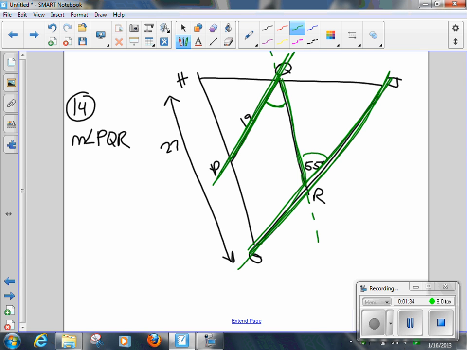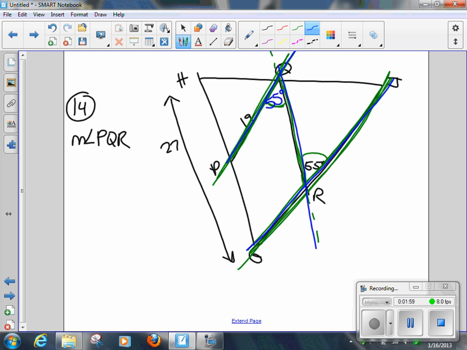I don't have any way to cover it up using the smartboard, but I know it's 55 degrees because they're alternate interior angles when I'm looking at these as parallel lines. Again, we keep going back to what we already know.